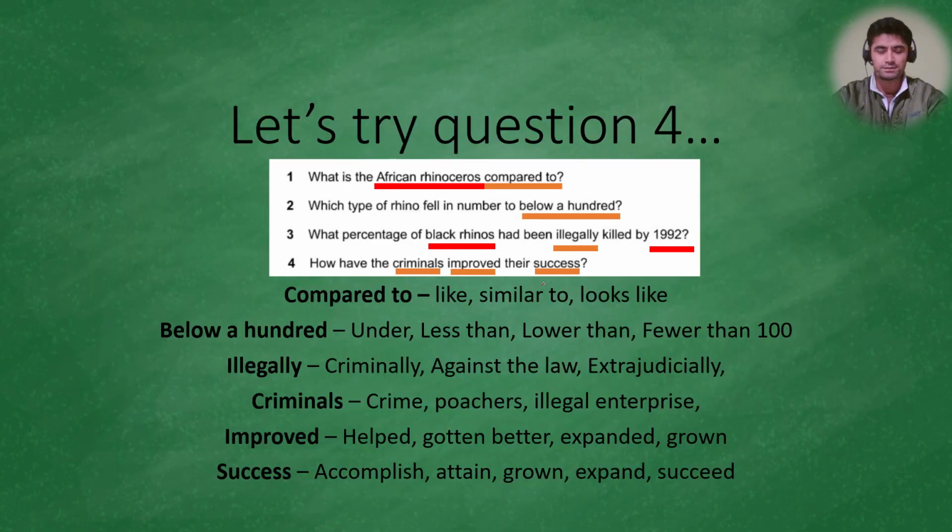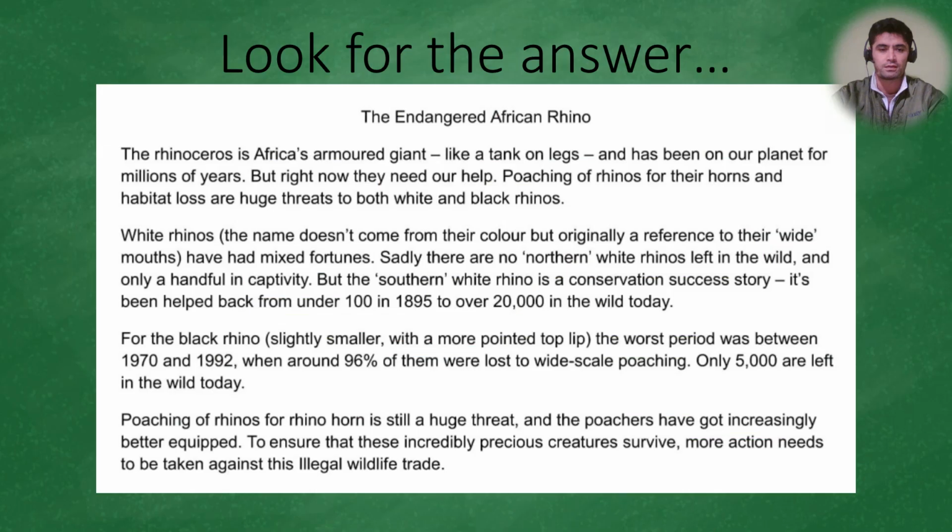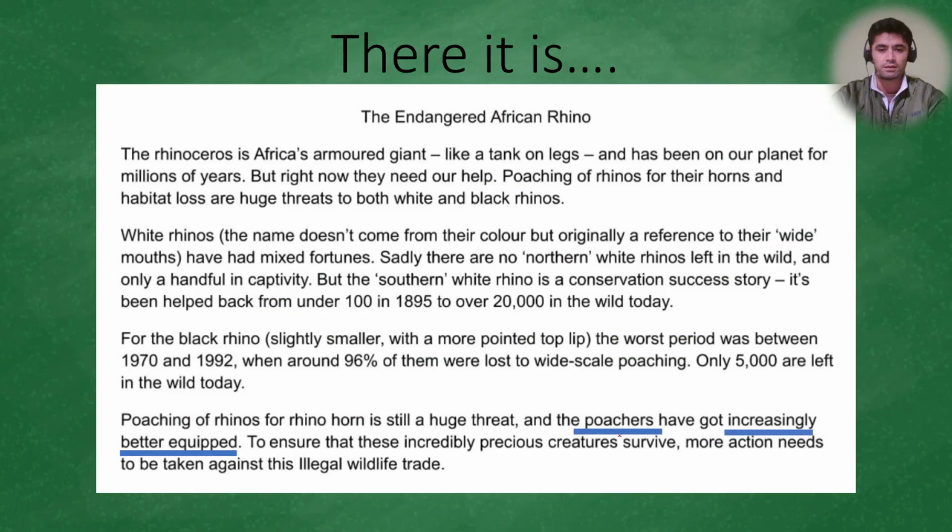Question number 4. How have the criminals improved their success? The answer is in the last paragraph of the text. Let's start from the very beginning. Poaching of rhinos for rhino horn is still a huge threat, and the poachers have got increasingly better equipped.